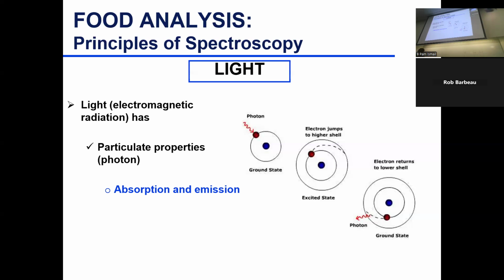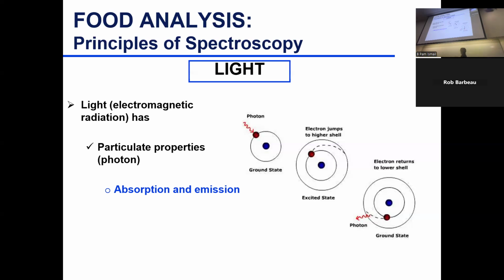So remember when I say it's not continuous, it's discrete levels of energy. And that's why I'm going to try to relate everything so that it makes sense to you.